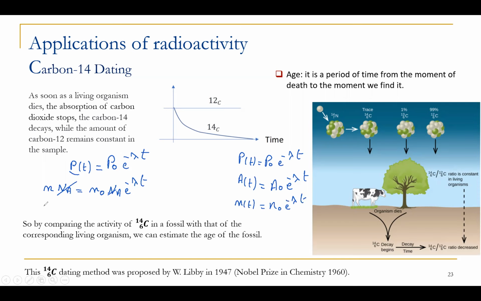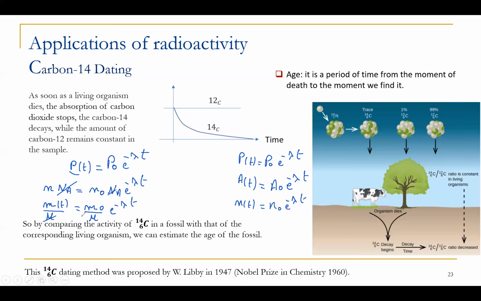Also, the number of moles equals the mass of this element at a time t divided by the molar mass capital M, which is constant for the carbon element, equals M initial divided by capital M times exponential minus lambda t.